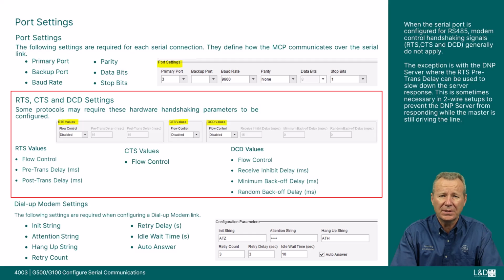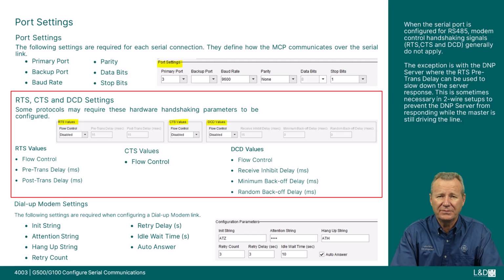Default is 15 milliseconds. For CTS values, flow control specifies whether CTS flow control is enabled. The default is disabled. For DCD values, flow control specifies whether DCD flow control is enabled. The default is disabled. Receive inhibit delay specifies the receive inhibit delay in milliseconds. The range can be 1 to 65,535 milliseconds.